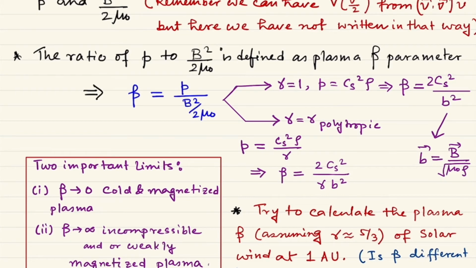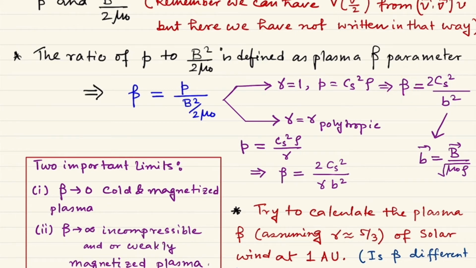Which is a combination, of course, of an external field plus the internal field. So the total resultant magnetic field is very strong, and this type of plasma is known as cold and magnetized plasma. It is true that if the plasma is very cold, even if the magnetic field is not very strong, then also it is good enough to have a beta value very close to 0.